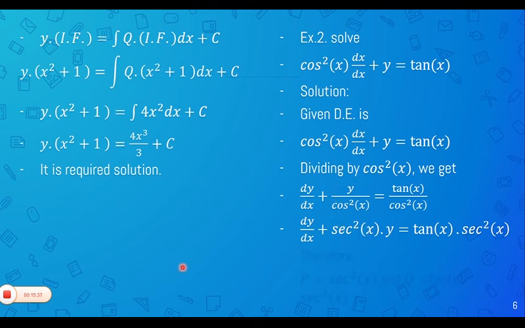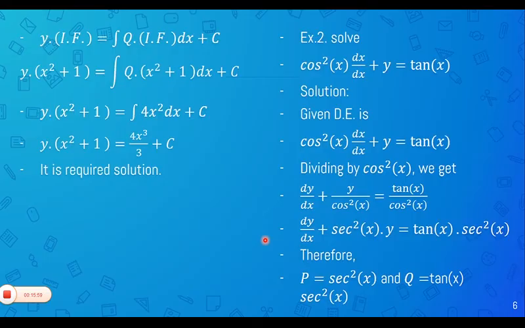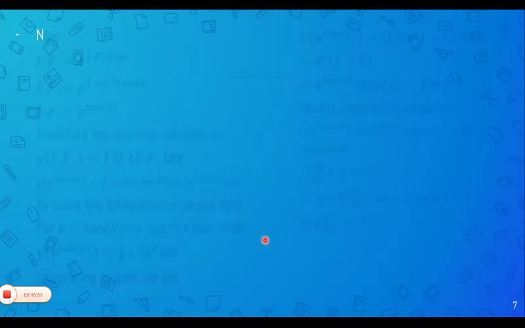So this is a linear differential equation, and the coefficient of y is sec square x, which is nothing but our P, and the right hand side is a function of x, which is nothing but our Q. Therefore P is equal to sec square x and Q is equal to tan x into sec square x. Using this P, let us find the integrating factor.